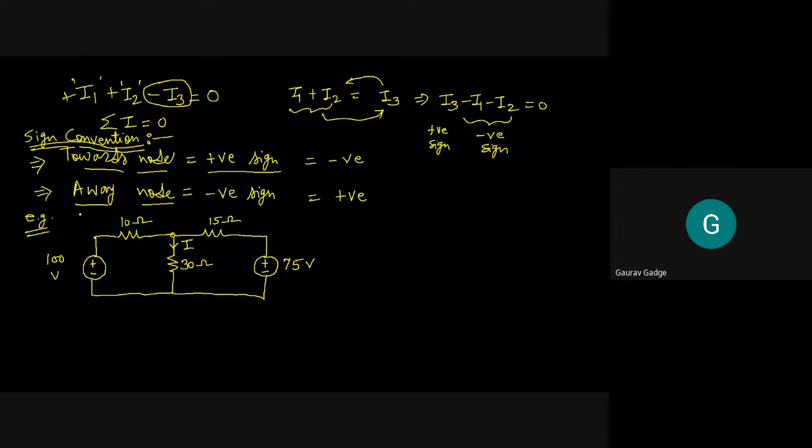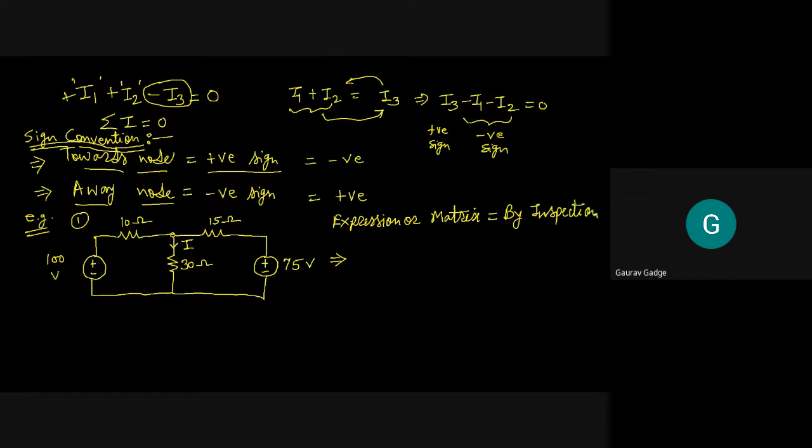Now let us consider a simple example where there are 3 resistances connected with the 2 voltage sources. Now what you have to do is apply Kirchhoff's current law, KCL, and at the same time, when you write the expression or the formation of the matrix, that is to be done by inspection, like we did in mesh analysis.